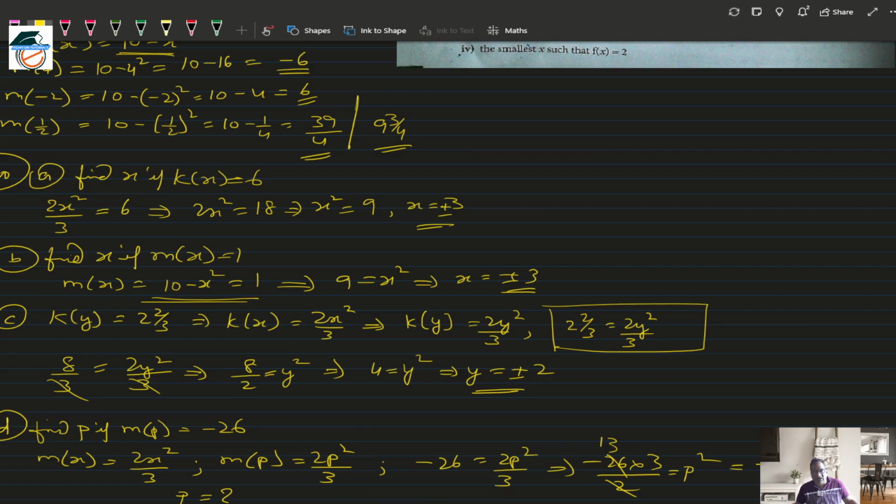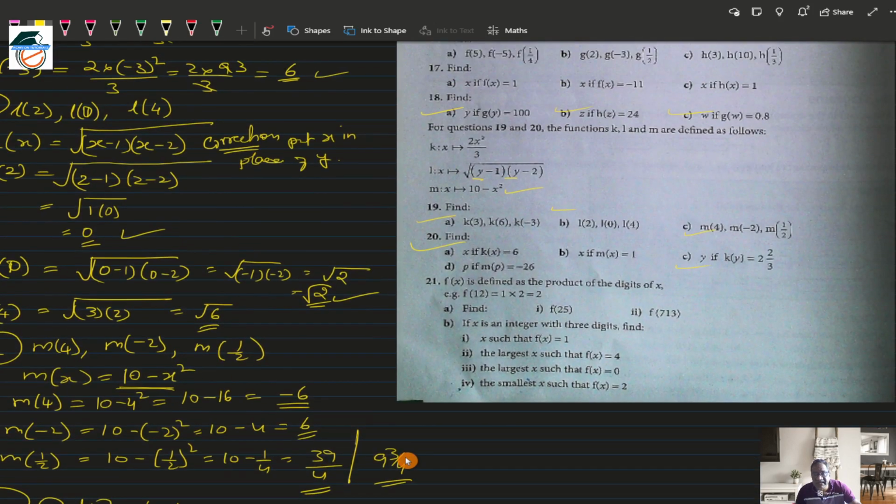Now this is something which is not going to give you the correct answer. Plus or minus 6 answer is given. If we check out again, is it minus or what is it? Find P if M of P is minus 26. Yeah, correct.